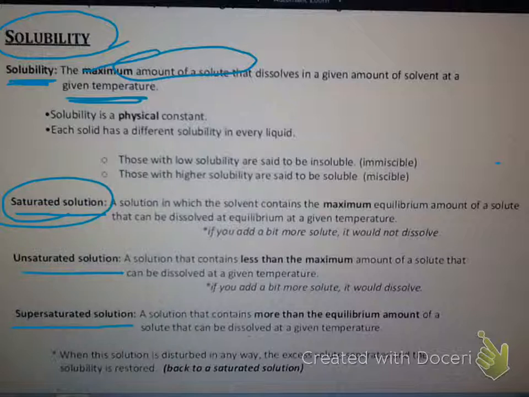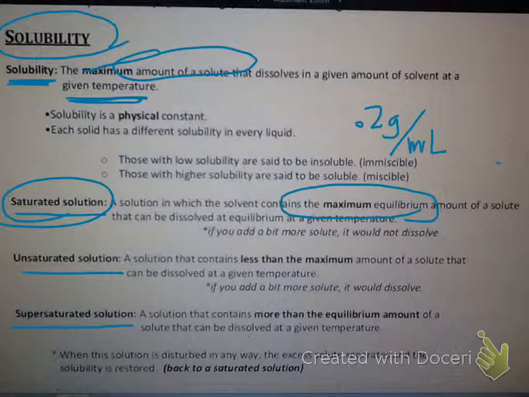A saturated solution is a solution in which the solvent contains the maximum amount of solute that's dissolved at that temperature. So for instance, if the solute dissolves 0.2 grams per milliliter of that solvent at 25 degrees Celsius, the saturation limit is 0.2 grams per milliliter. If you put 0.2 grams in 1 milliliter, you have a saturated solution.